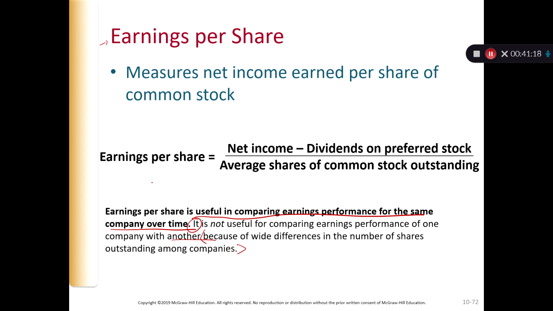For example, if one company has 1 million shares versus another with 1,000 shares, you will always find that the company with 1,000 shares outstanding looks much more profitable, but that's actually not the case. How many shares are outstanding is not relevant to how well the company is doing.